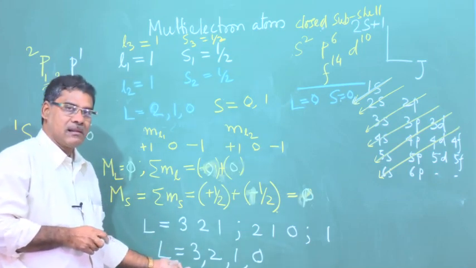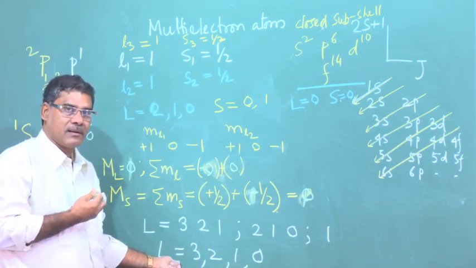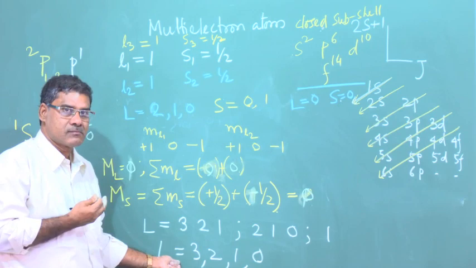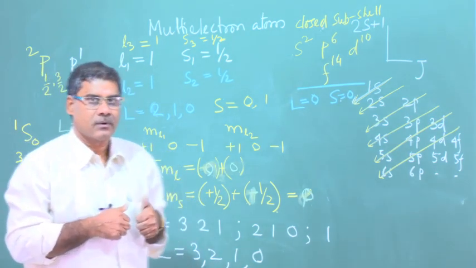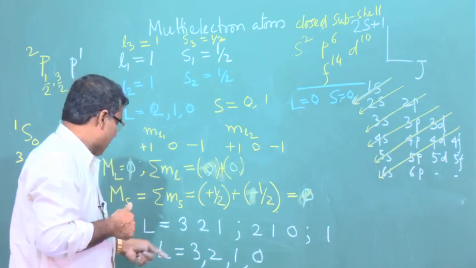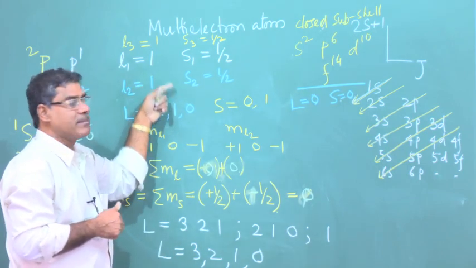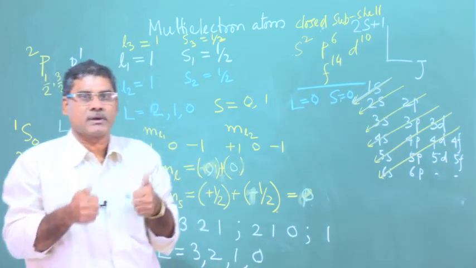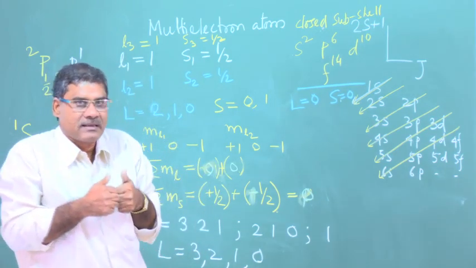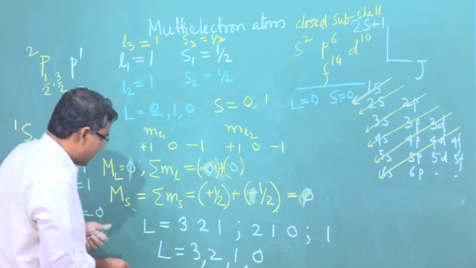So, capital ML equal to plus 3 means what? ML1, ML2 and ML3 all have to be plus 1, because of the summation to capital ML.